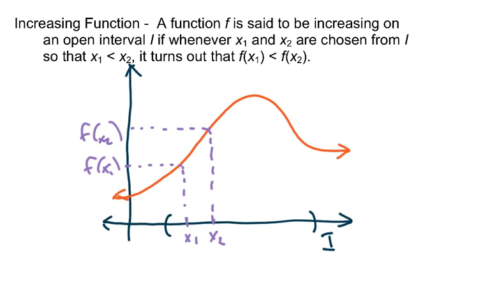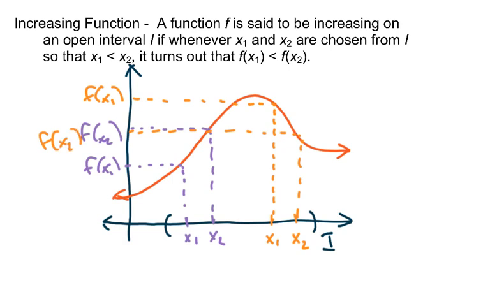But see, this has got to happen no matter where I pick x1 and x2 in my interval. Look at what happens if I were to pick x1 and x2 over here. Again, x1 on the left and x2 on the right. See how things reverse? Now f of x1 is up here, and f of x2 is actually lower. It's kind of more like in there.